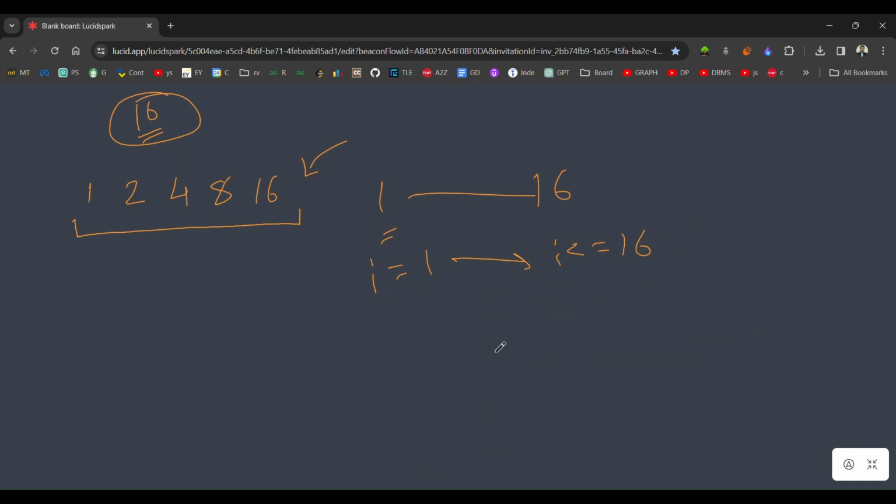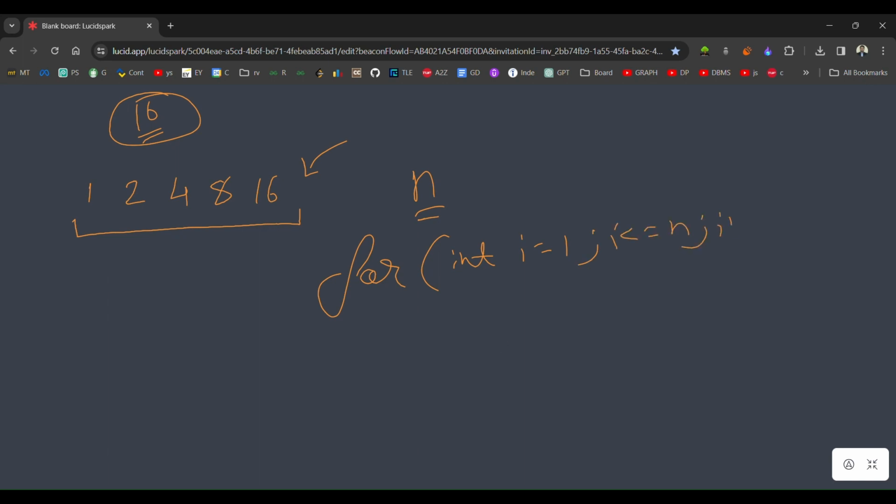So let's write it clearly. n is given. for int i equals 1, i less than or equal to n, i plus plus. Here you will be checking whether n is completely divisible by i or not.